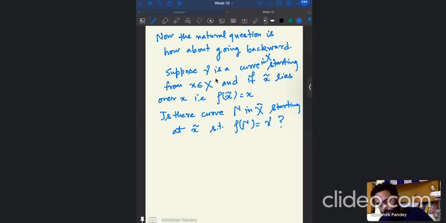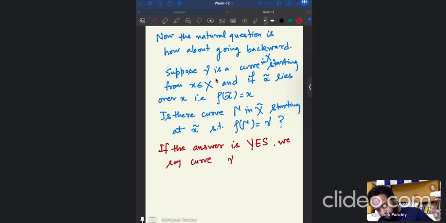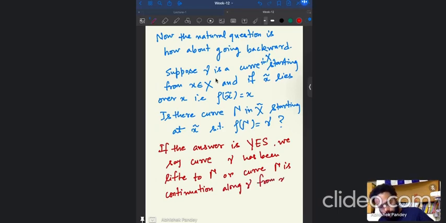Okay, so if the answer is yes, we say curve gamma has been lifted to gamma tilde, or also curve gamma tilde is a continuation along gamma from x naught to x tilde, whatever the x is.